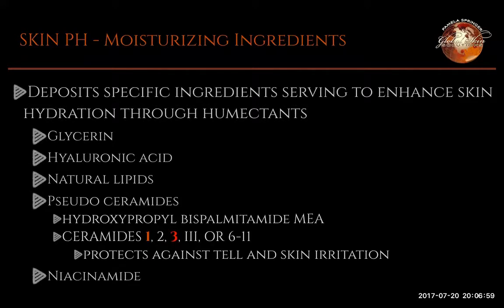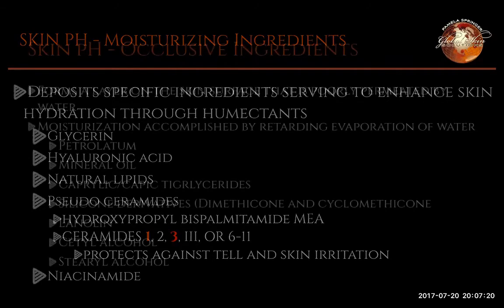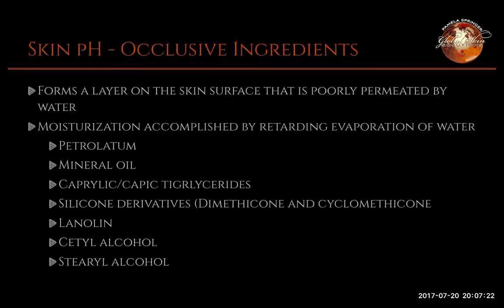The skin doesn't look red, or the skin of a skin type 4 to 6 doesn't look ashen and dry. Niacinamide is wonderful as a moisturizing ingredient. So these ingredients I'm telling you so that you can start looking at your products and know which products should be used on dry skin.